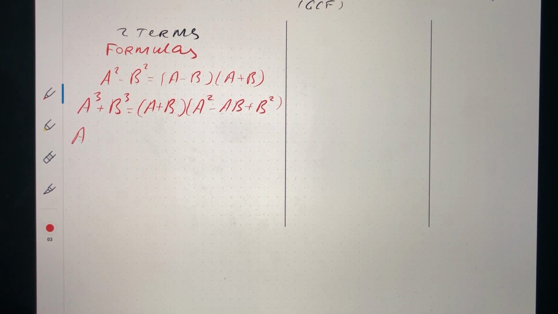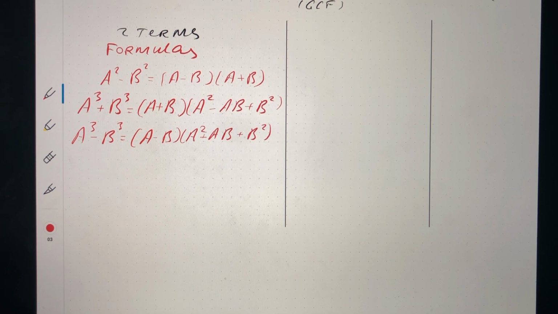And the last one is the difference of cubes, the cubes with a minus in the middle, and that factors as a minus b, a squared plus ab plus b squared.